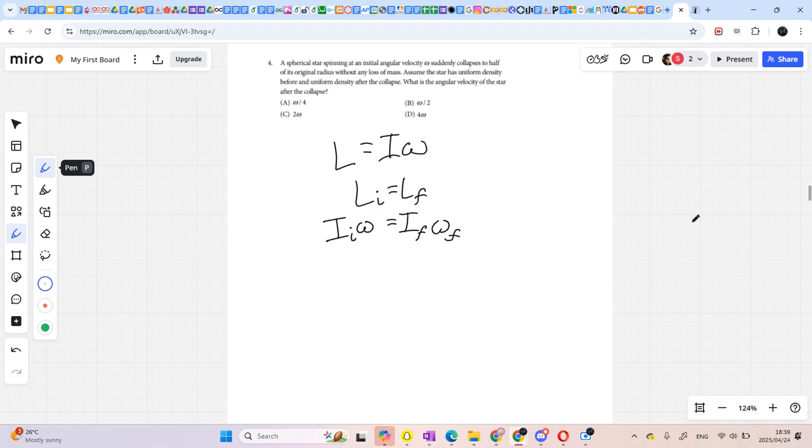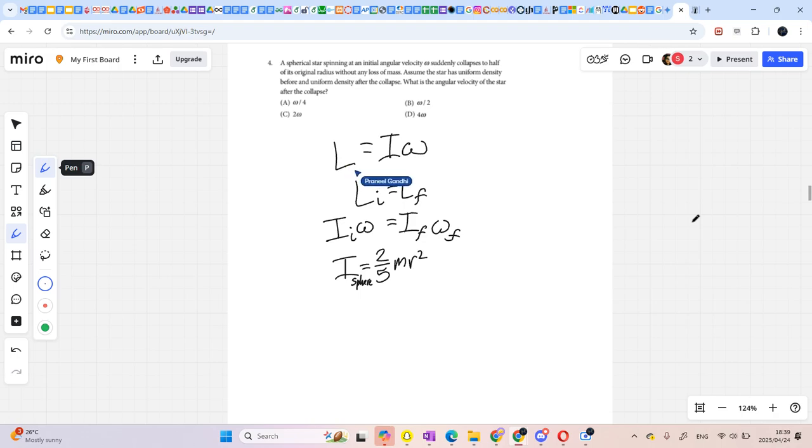Now for the moments of inertia, you might not remember the moment of inertia formula for a solid sphere, but it is 2/5 mr squared.